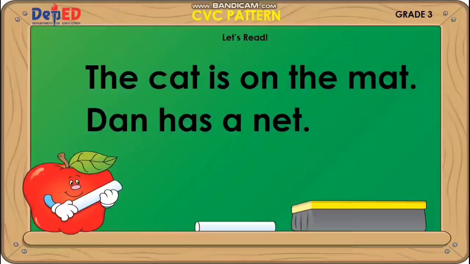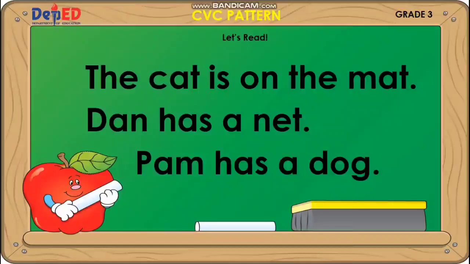The CVC words in the sentence are Dan, has, and net. Next sentence. Pam has a dog. What are the CVC words used in the sentence? Very good. The CVC words used in the sentence are Pam, has, and dog.